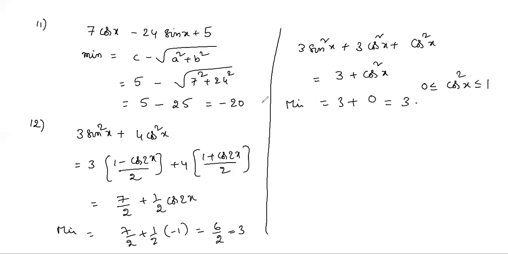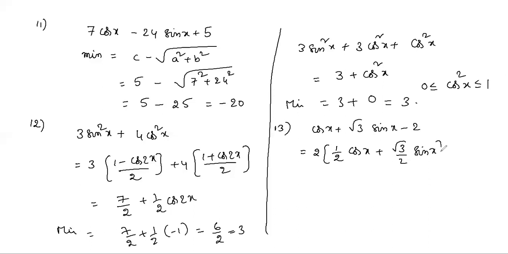Next, the last one, the 13th one. The given function is cos x plus root 3 sin x minus 2. We have to find the maximum value and at what value we will get it. So here you have to write this as 2 into 1 by 2 cos x plus root 3 by 2 sin x, minus 2.